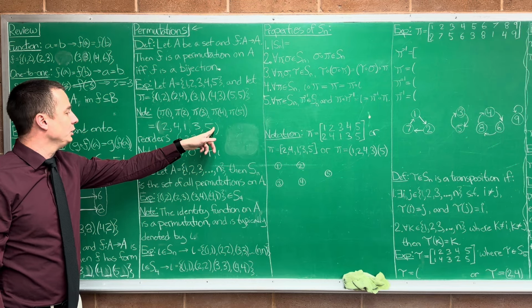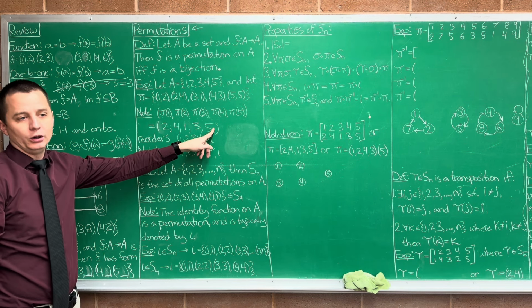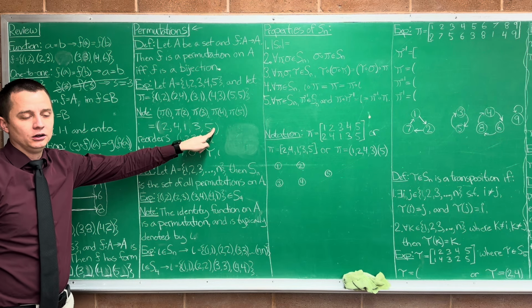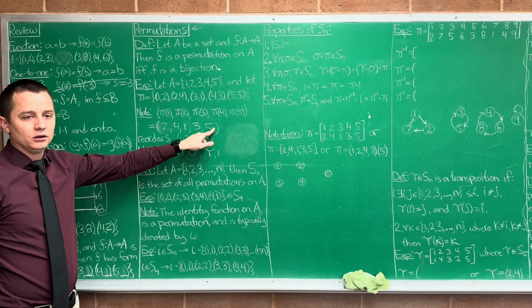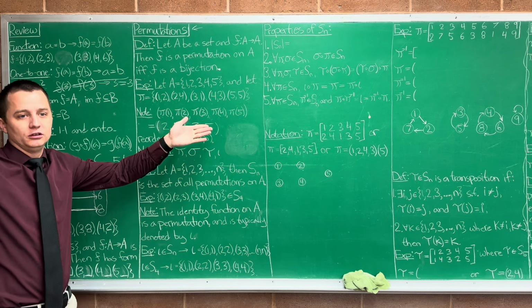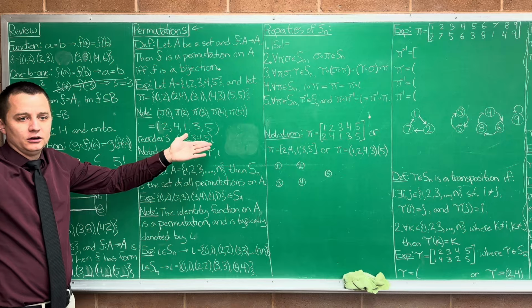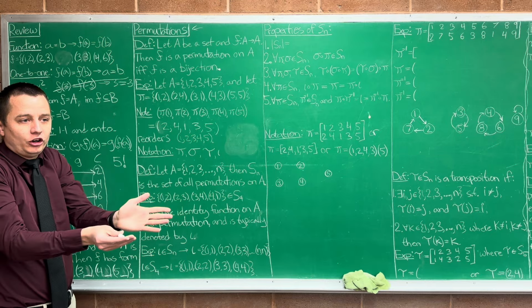Okay, why do we call these things permutations? We've used the word permutation before. What did we use permutation for? What's a permutation in colloquial language? Just day-to-day talk. What does someone mean by a permutation? They mean just an ordering of something.